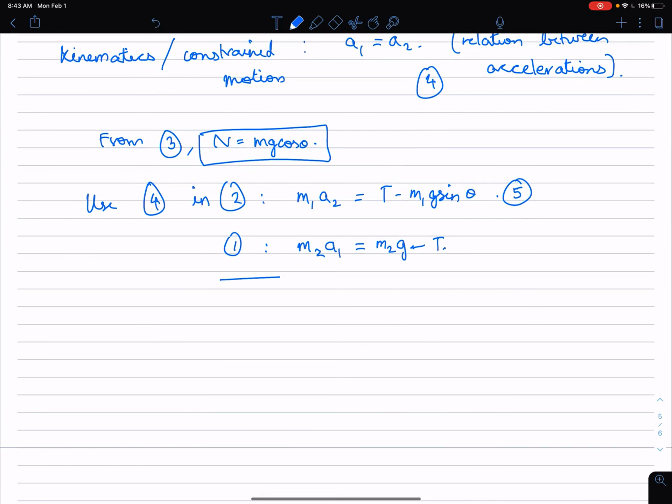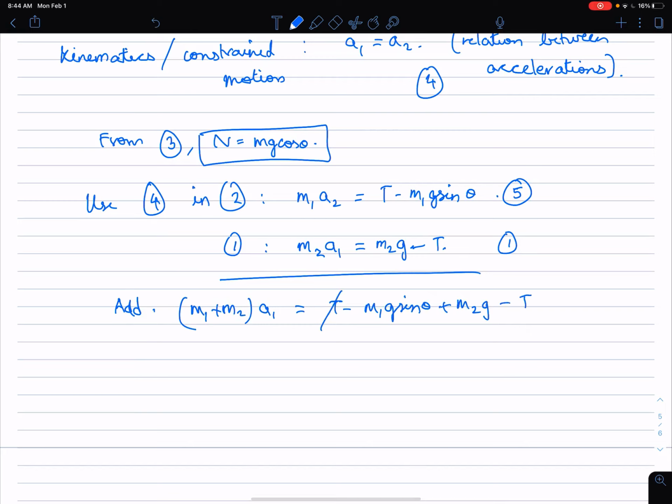So we can add, this is 1, add these two things. So we have m1 plus m2 times a1 equals T minus m1g sine theta plus m2g minus T. These get cancelled. We have g times m2 minus m1 sine theta.